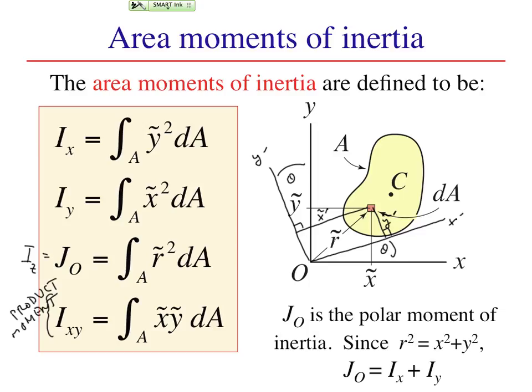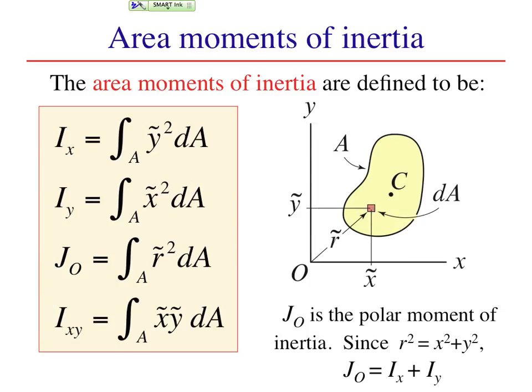Both the integrand and the differential element are always positive, so the integral is always positive. The product of inertia, which is significant for non-symmetric cross-sectional shapes, is not guaranteed to be positive. For shapes symmetric about an axis, it is 0, and for non-symmetric shapes, it can be negative as well as positive. Going forward, we'll just consider the area moments Ix, Iy, and Iz, also called J0.